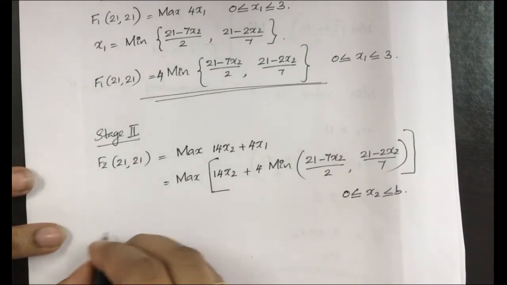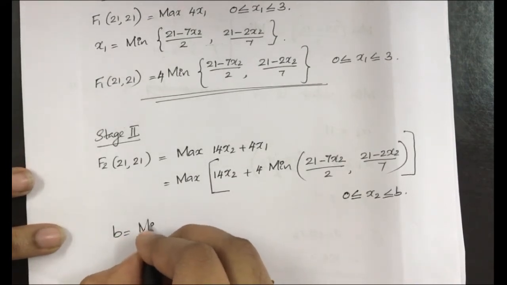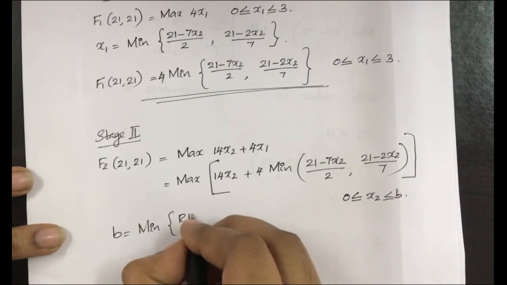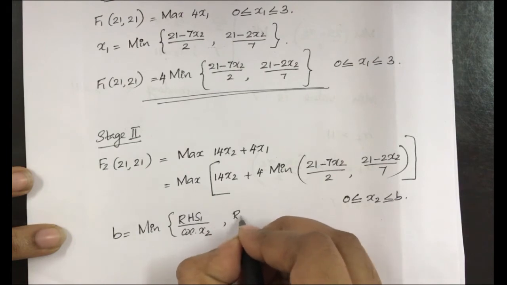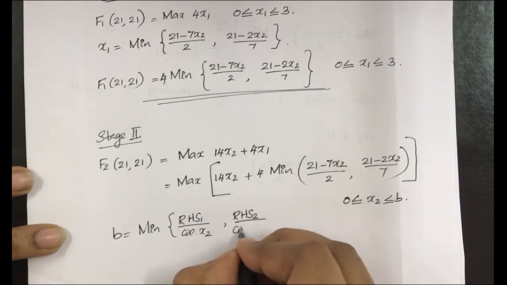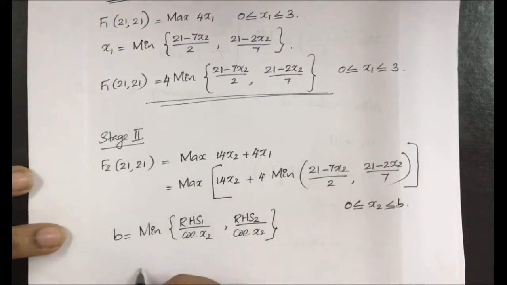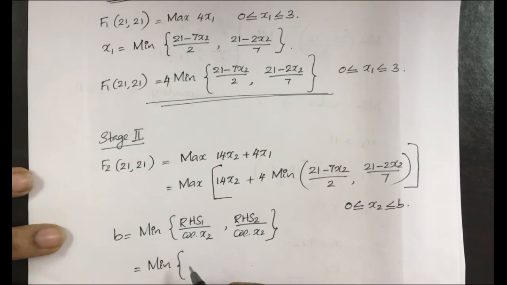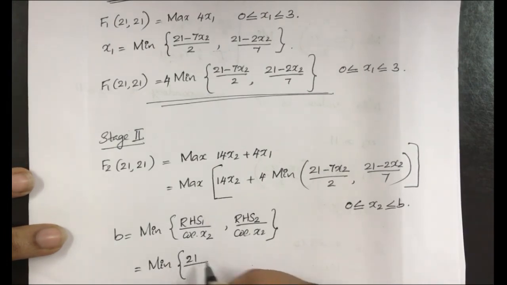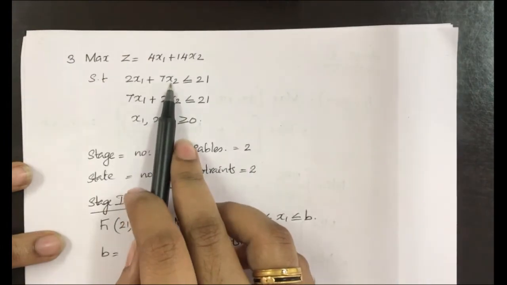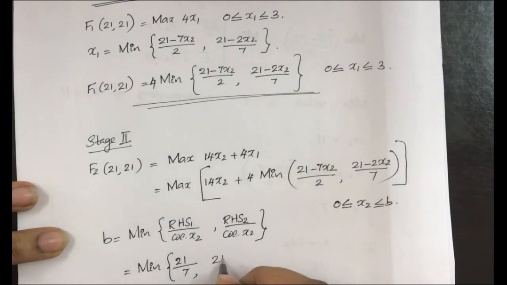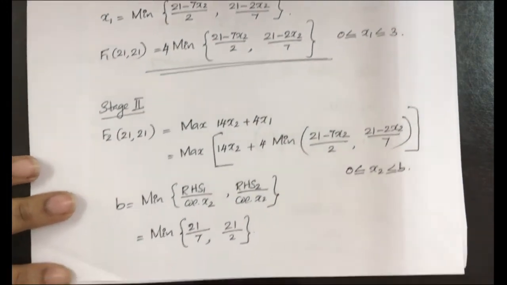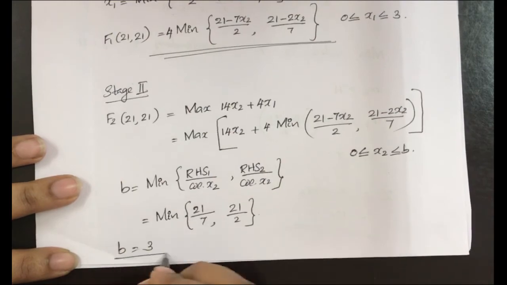Now we are going to solve for b. b equal to minimum of RHS1 divided by coefficient of x2 comma RHS2 divided by coefficient of x2. What was RHS1? Minimum of 21 divided by, what is the coefficient of x2 here? 7. Here it is 2. So 21 by 7 comma 21 by 2, which is the minimum value? 21 by 7, that is b equal to 3.